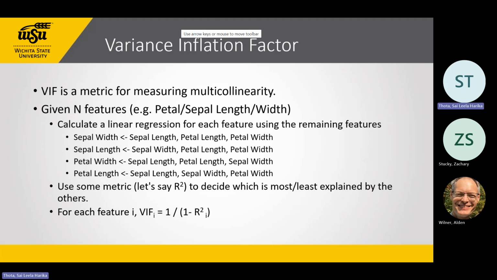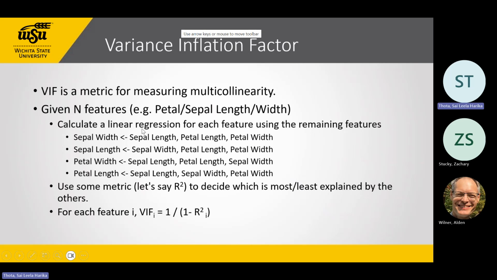So VIF is a metric for measuring multicollinearity. For example, if you consider there are n features, you calculate a linear regression for each feature using the remaining features.